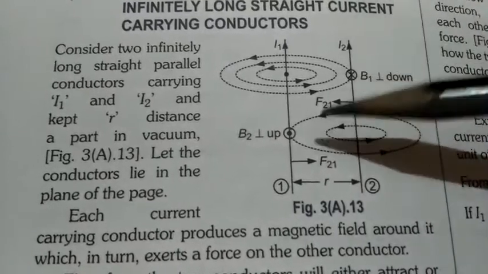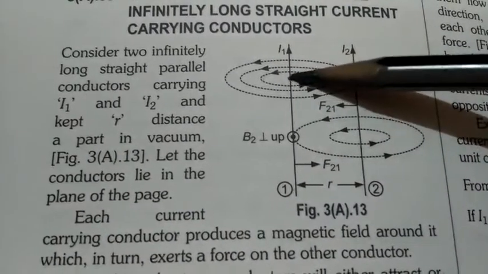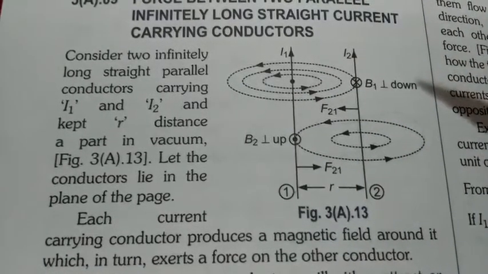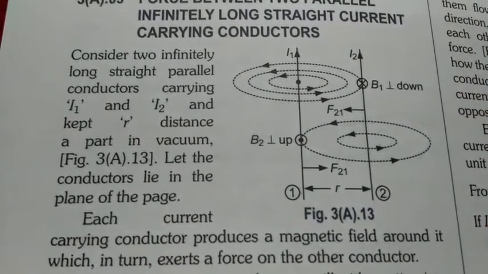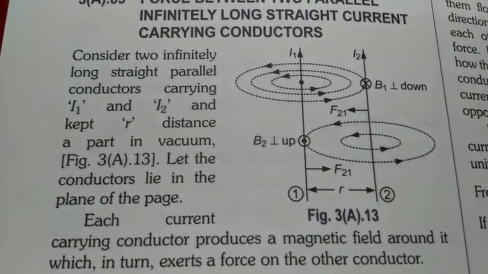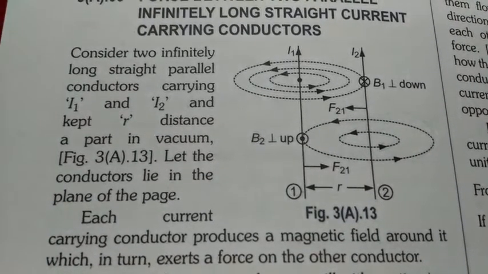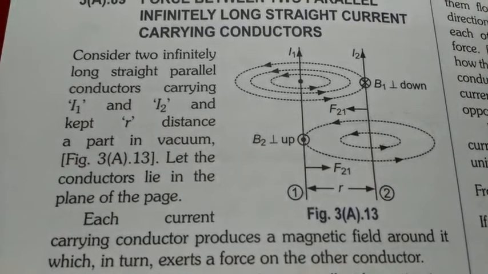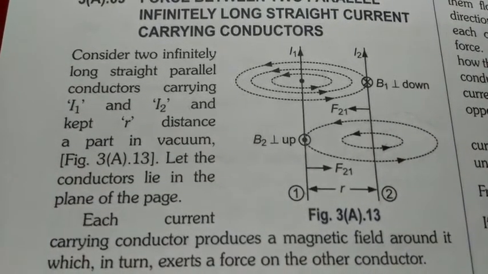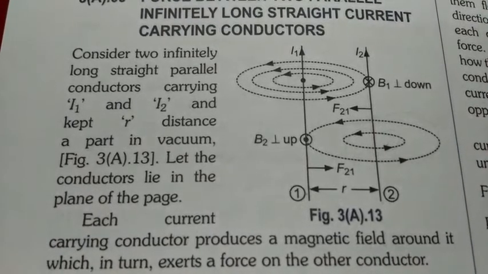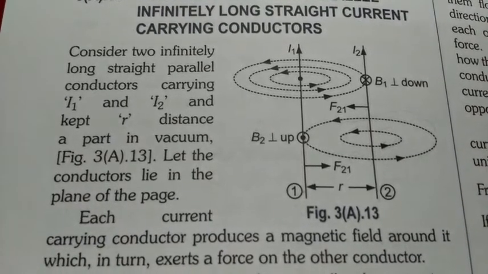The magnetic field produced because of I1, we call B1. This magnetic field B1 tries to apply some force on I2. As we have already discussed, if any current carrying conductor is placed in a magnetic field, the magnetic field applies some force on that conductor.